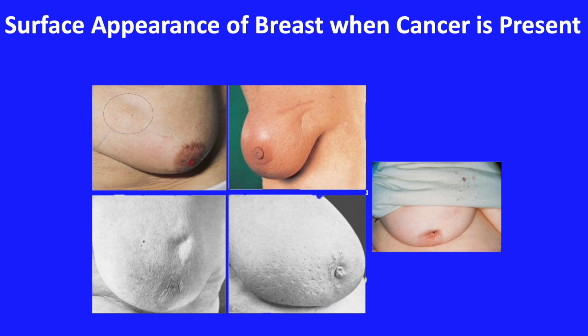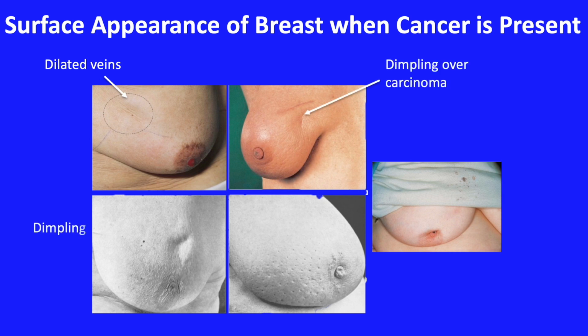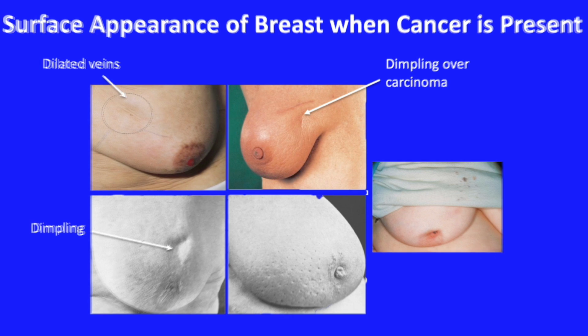For example, dilated veins are present in tissues in which arterial blood supply increases rapidly and demands to increase metabolism, a feature of rapidly growing cancers. The dimpling of the skin, as just discussed, is also a sign of a rapidly growing and invasive tumor. In this situation, the ligaments of Cooper have been shortened.